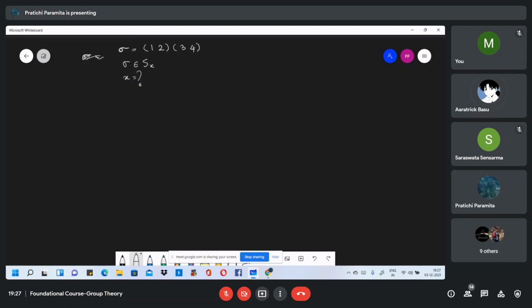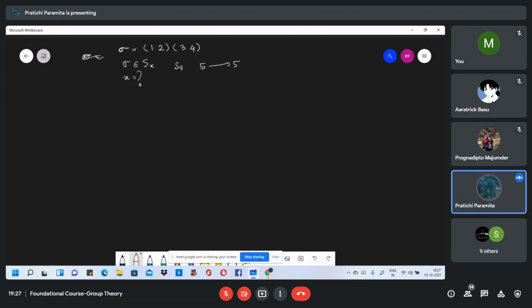S4? I mean, X is 4? It can be any n greater than or equal to 4, because if it was S5, it simply means that sigma is mapping 5 to 5. So it can be any element. So X can be any number greater than or equal to 4. That's right.